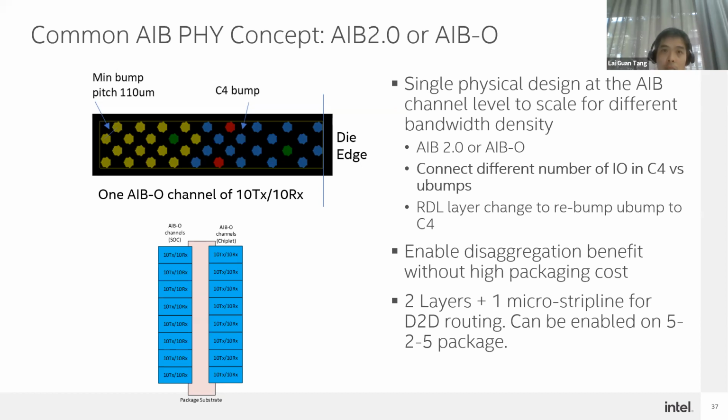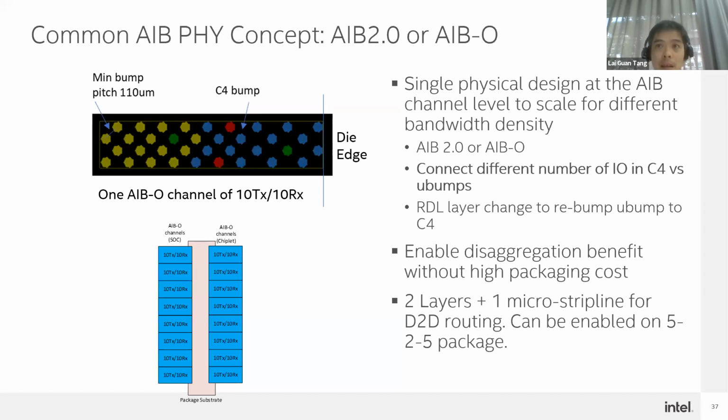By changing the top metal layer, we could rebump to C4 and then connect different numbers of IOs in the C4 versus microbump. In this case, we will be able to reuse the same PHY design and still meet the different channel or different packaging technologies.